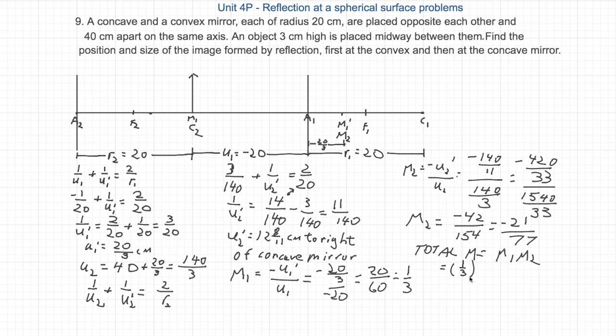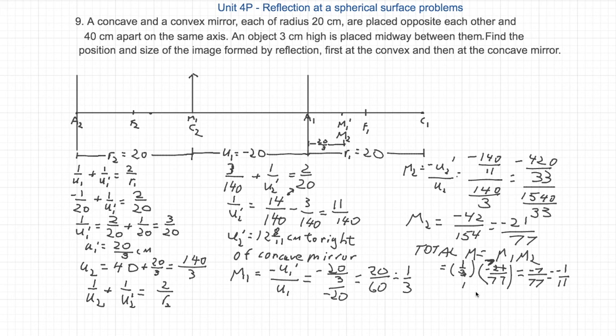Total magnification is the product of those two individual magnifications. So we can simplify the math a little by dividing 3 into 3 and 3 into negative 21. So we get 1 over 1 for our first fraction, and negative 7 over 77 for our second fraction. So that reduces to negative 1 over 11.